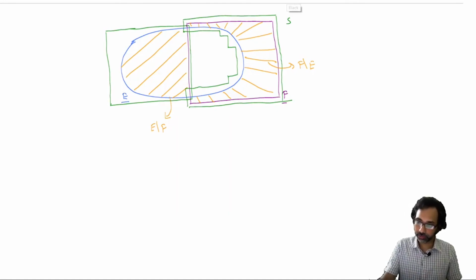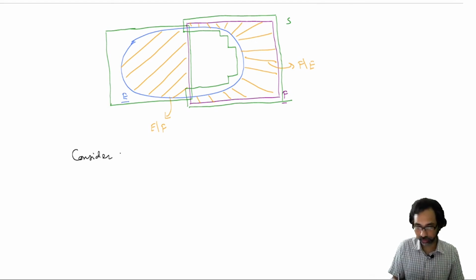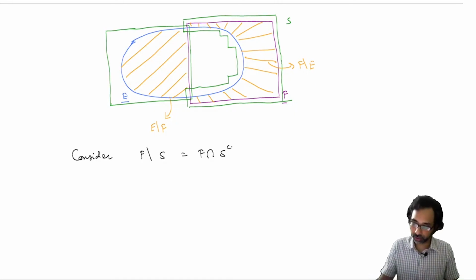Now if you consider F minus S, which is simply F intersection S complement. So S complement will have two parts. One part is within E intersection F and the other part is without.